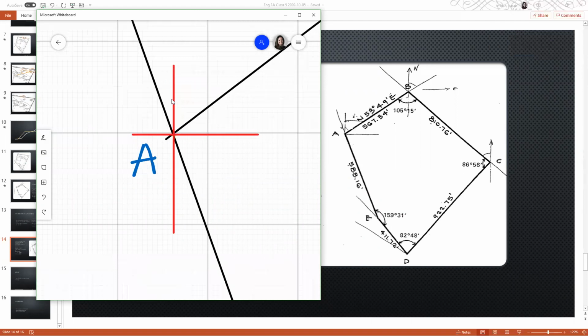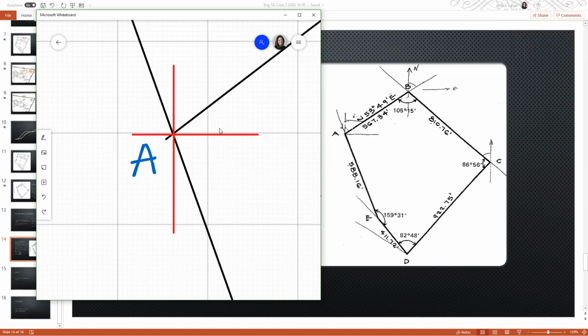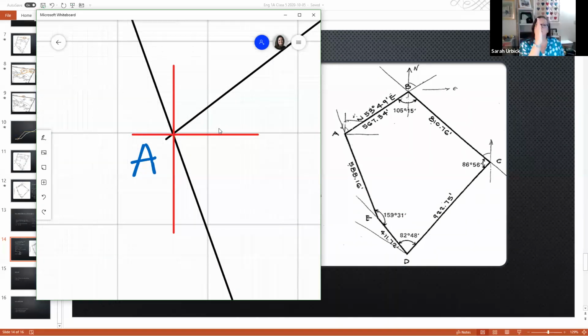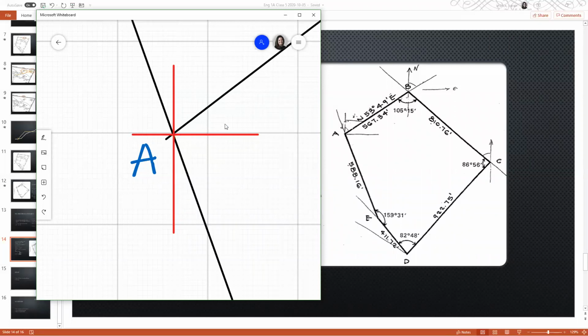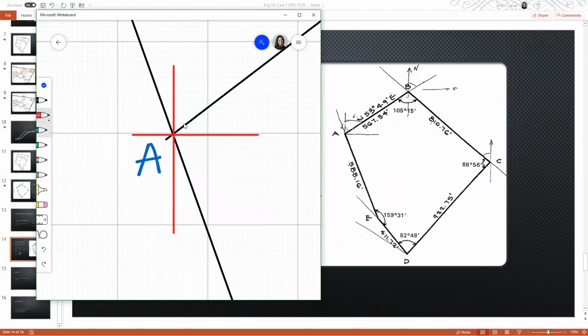Okay. So what is our northing, or not our northing, I'm already using northing and easting. Our bearing is measured off of the north meridian, right? So this angle here, sorry. That angle there.